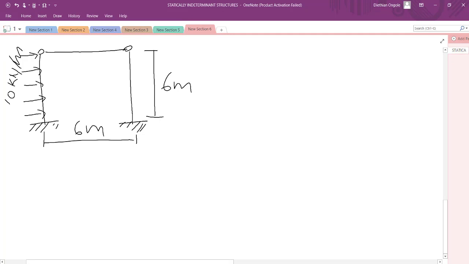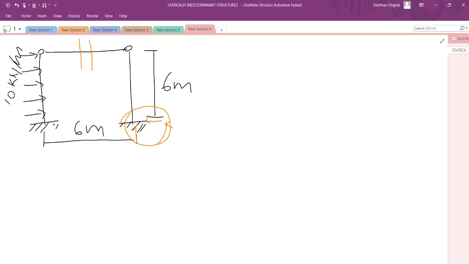Yeah, the easiest way would be, because if I look at this support here, I have three reactions, isn't it? So if I make a basic structure by creating my x's at this point, my process of calculation would be so complicated. The easiest one is by us dissecting through this member here.